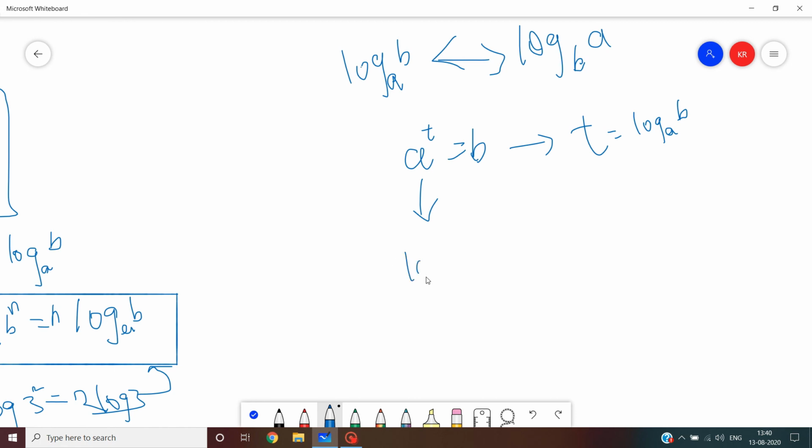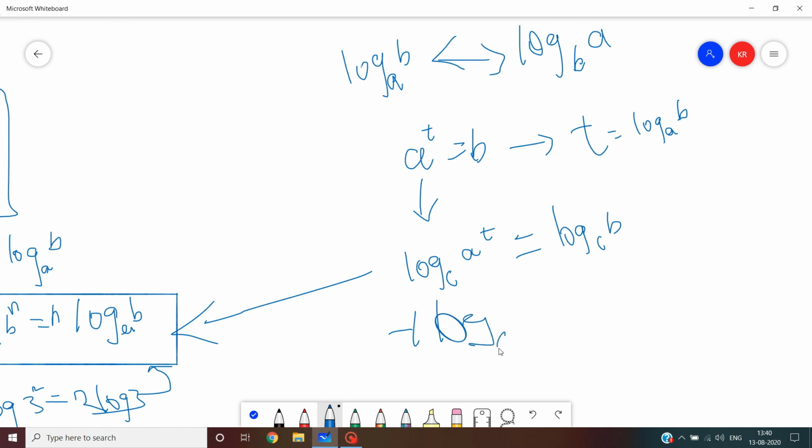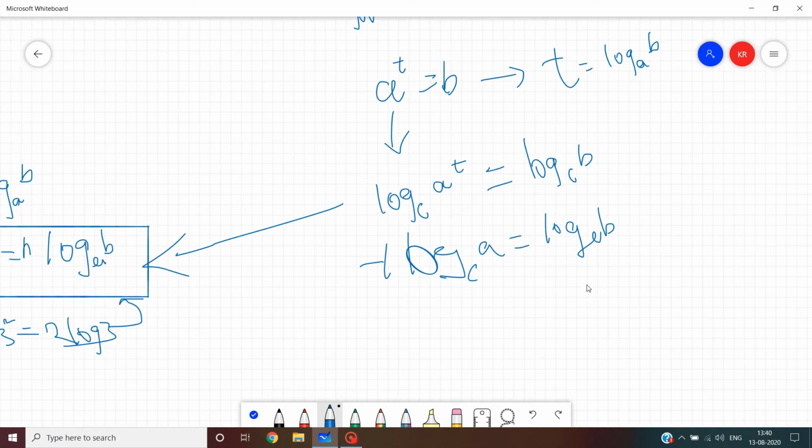So I will get log to the base c of a power t is equal to log to the base c of b. We know from this law, I will take it as t times log base c of a is equal to log base c of b.